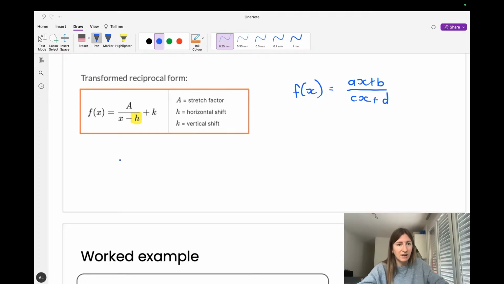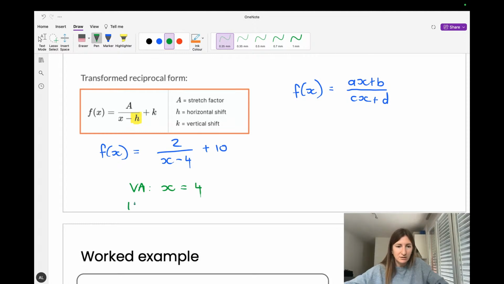So let's say we have f of x equals 2 over x minus 4 plus 10, for example. So in this form, I would still be able to read that my vertical asymptote is x equals 4, because that's the value there that would make this 0, 4 minus 4.